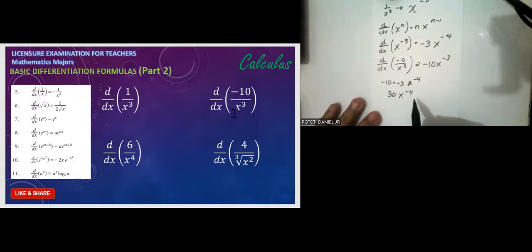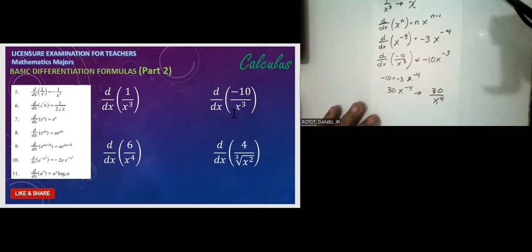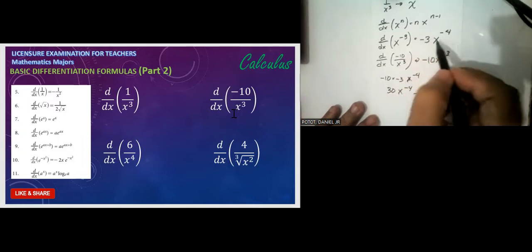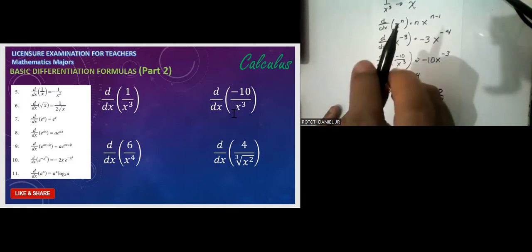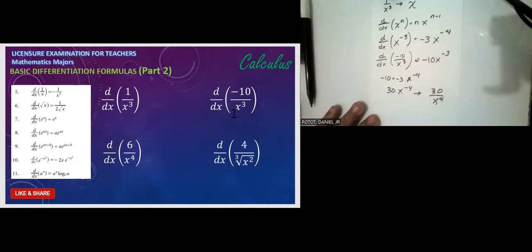By the way, you can rewrite this one as 30 over x to the power of 4. Normally in your examinations, you will be asked to write the answer in positive powers. So therefore, this one can also be written as 30 over x to the power of 4.